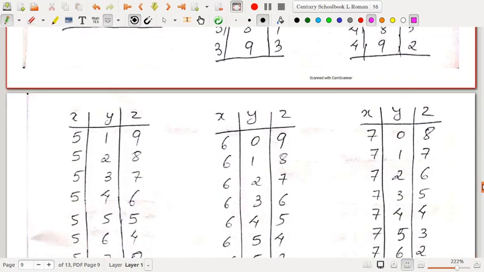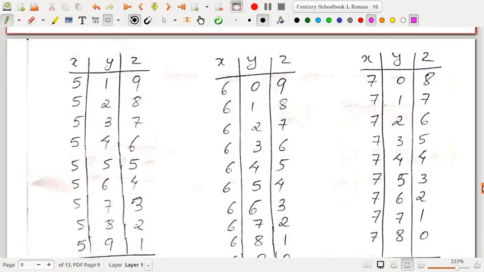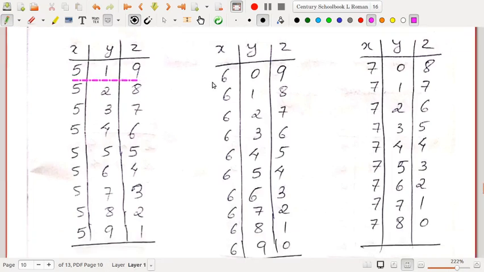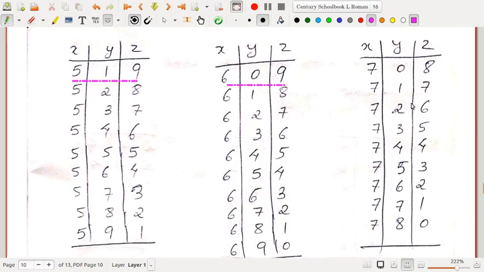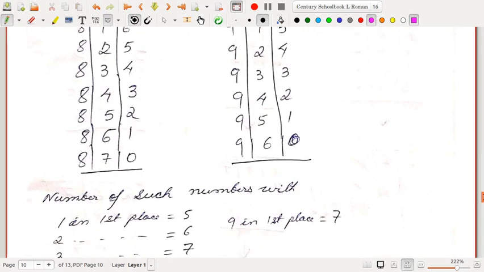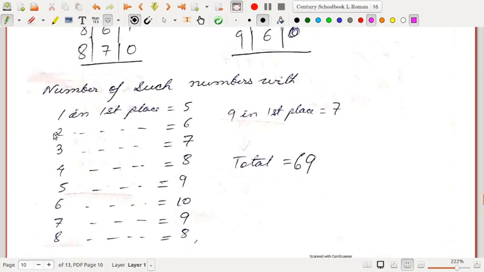Please try to list the elements on your own. There may be some mistakes in whatever I have listed. So list it on your own and then compare whether you get all of these or not. These are the lists that I have prepared. The number of such numbers with 1 in the first place is 5, with 2 in the first place is 6, with 3 in the first place is 7.